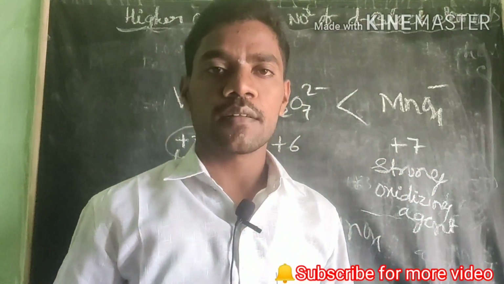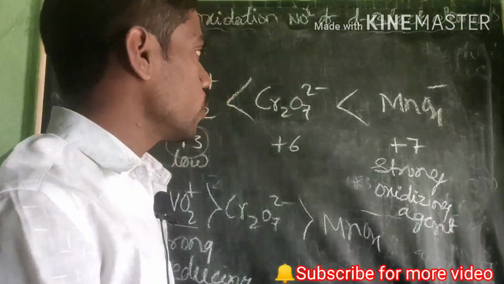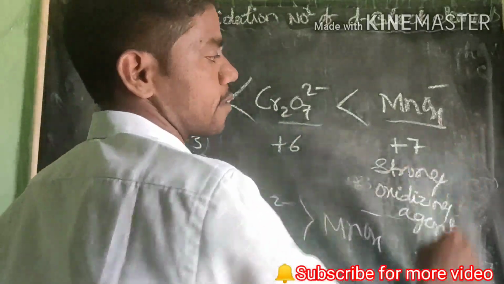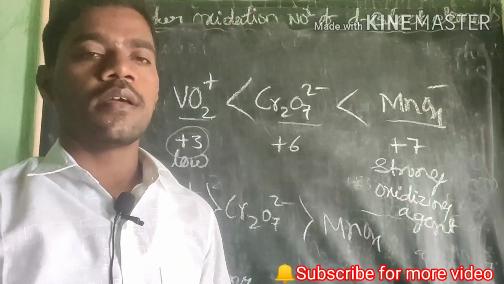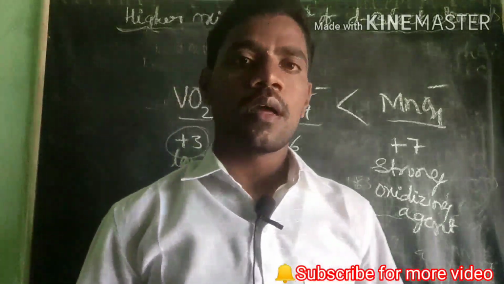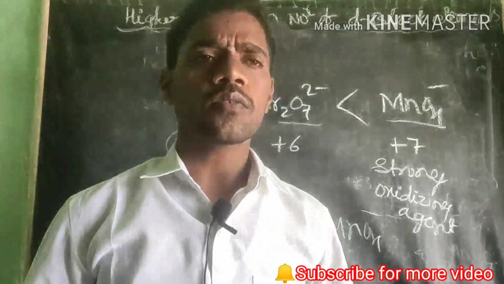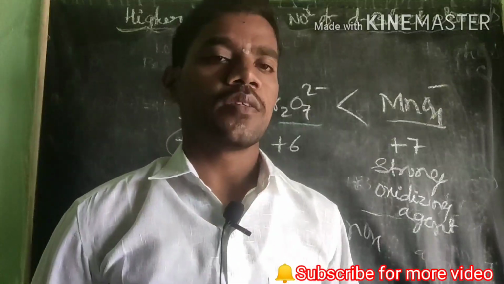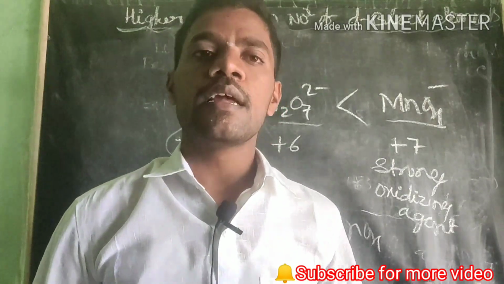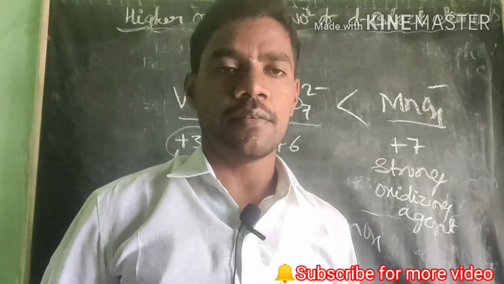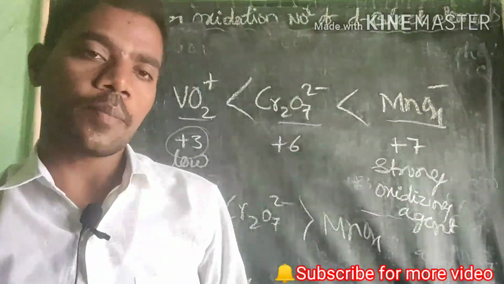The compounds with the lowest oxidation number act as strong reducing agents. This is with reference to metal oxides only. Therefore, all d block elements show higher oxidation numbers, and they are used in many applications, and some of their oxides are basic, acidic, neutral, or act as strong oxidizing or reducing agents. That's why we are learning this concept separately.